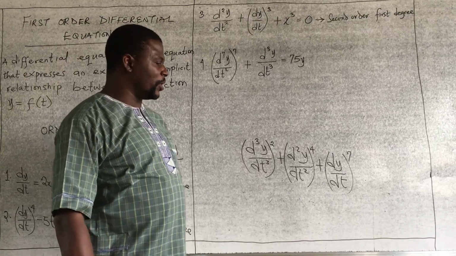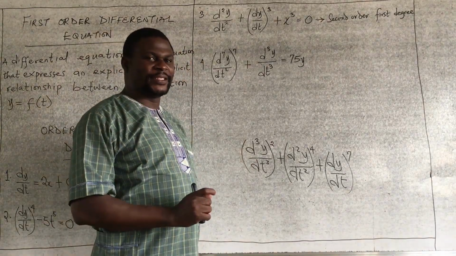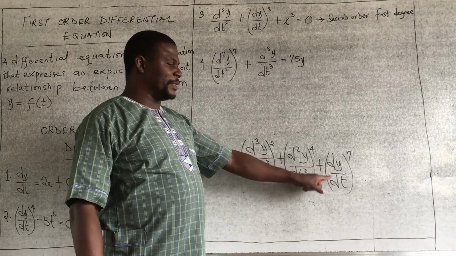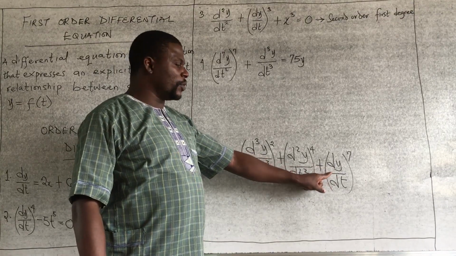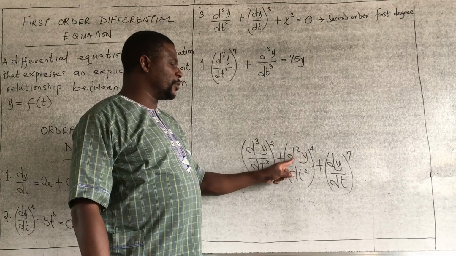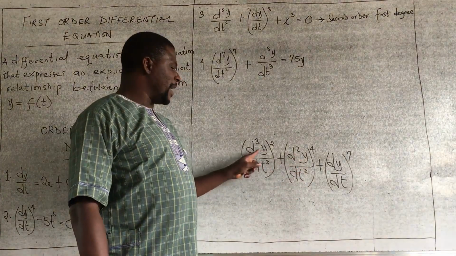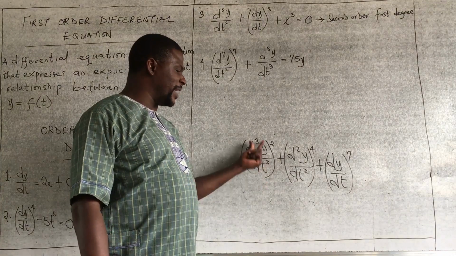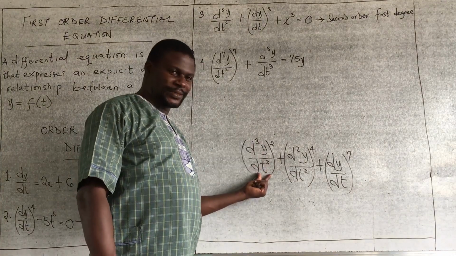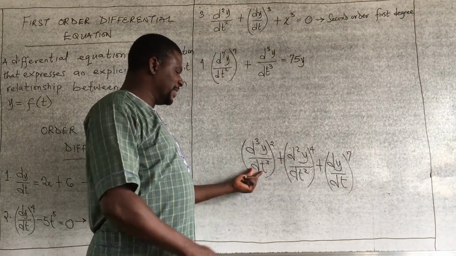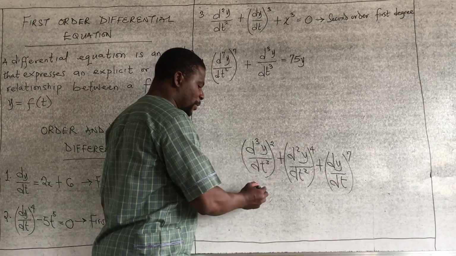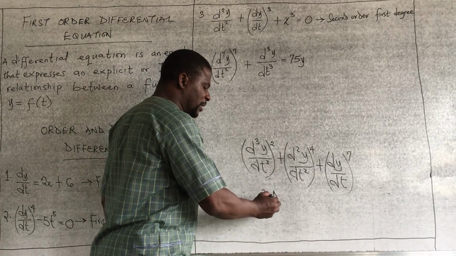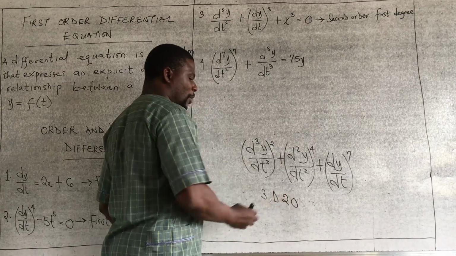If I want to determine the order, I'll first look for my dy dt. Here I have dy dt, but it's not having the highest order. Here I have the square y dt squared. Here I have the y cube dt cube. So this one is having the highest order, so I will go for this. I won't take this and this. Then my answer will be third order, second degree.